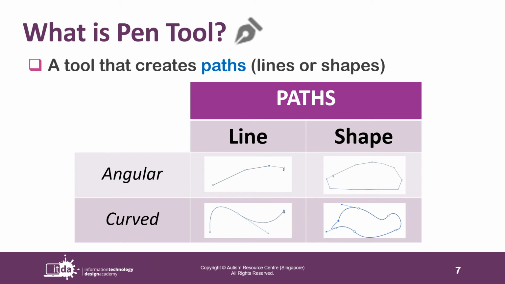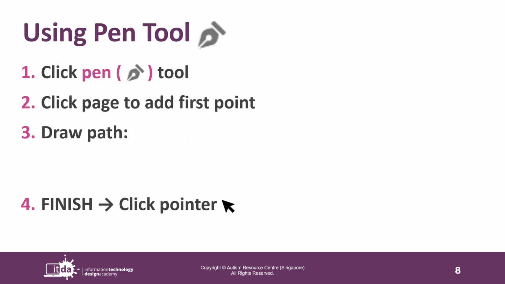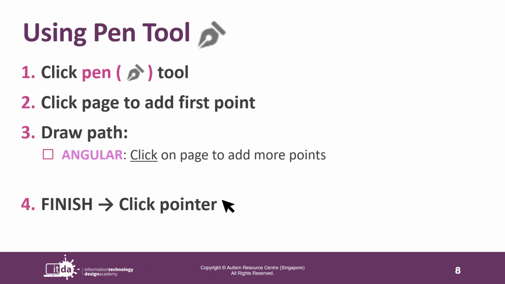So this will allow you to have the flexibility of creating any line and shape that you want. So how do we use it? Simply click onto the pen tool and click onto your page to add the first point. Once done, you can decide on what path you want to draw, and then you can finish it by clicking on the pointer. For drawing an angular path, you will just need to click on the page to add more points.